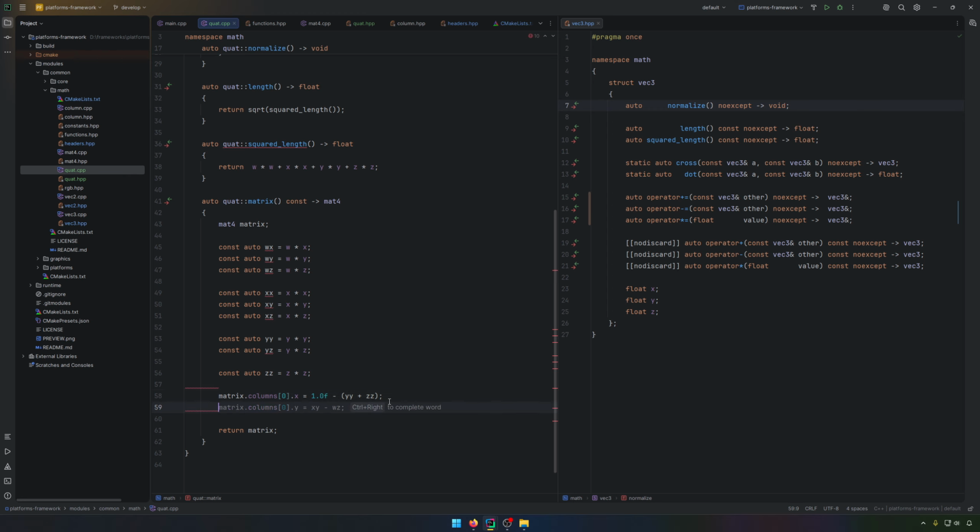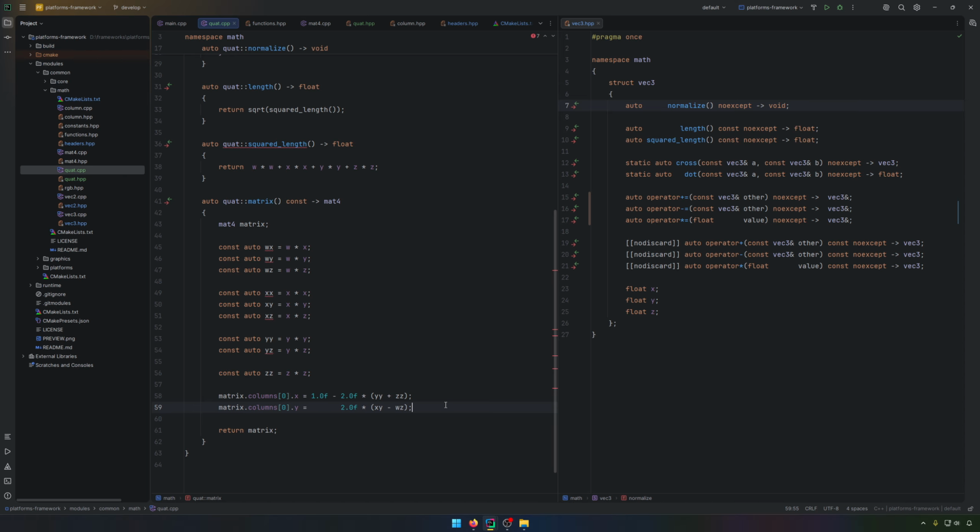I will try not to pronounce all of this. For the second element, of course, we need to have a multiplication like this, and we do the same for each element. So this will be the base.